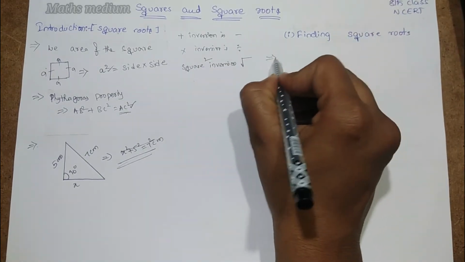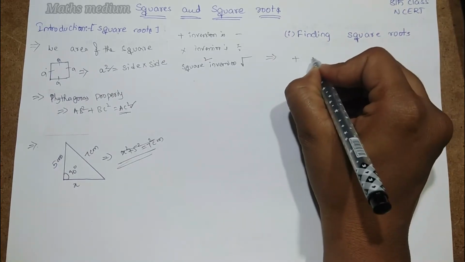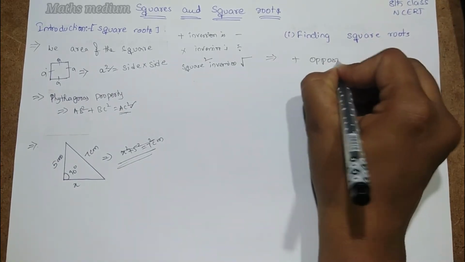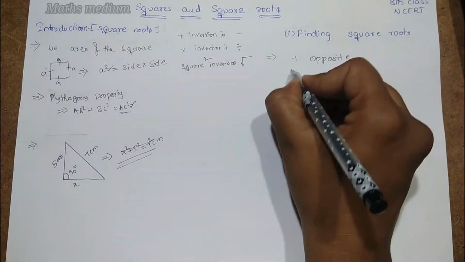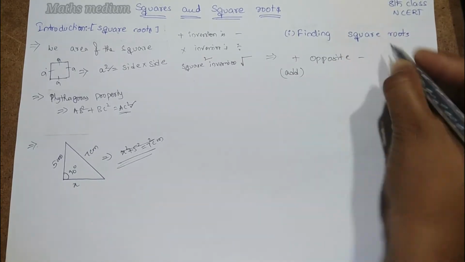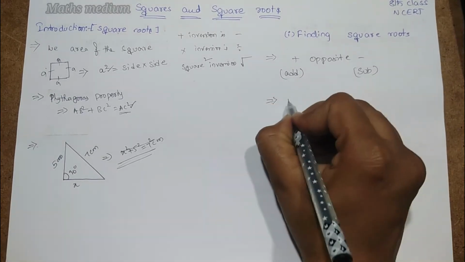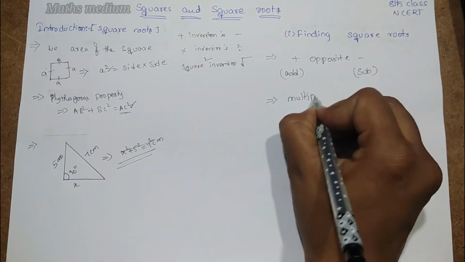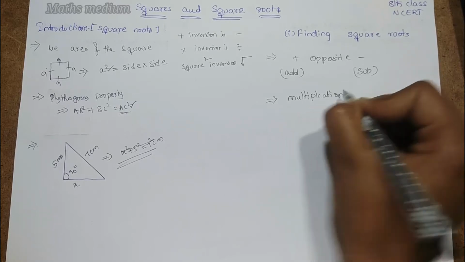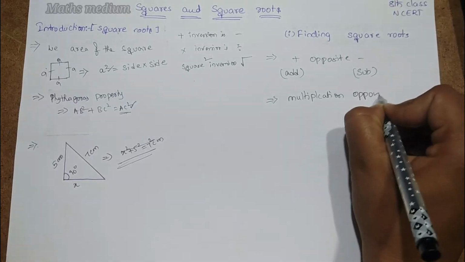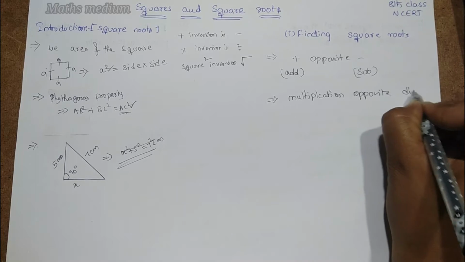I already explained you here. Plus is opposite to the negative. That means addition is opposite to the subtraction, right? Similarly, another one, multiplication is opposite to the division.